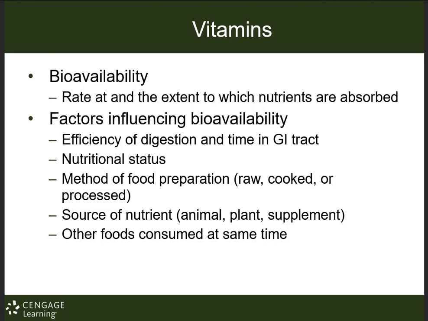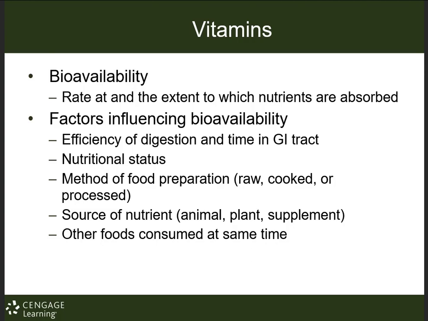Sometimes foods that we eat at the same time can affect the absorption of other foods or other vitamins. So for example, if we eat a plant source of iron, something like dark leafy greens like spinach, those have a lot of iron in them, but we don't absorb the iron from plant sources as well as from animal sources. So something that we can do is eat a food that has vitamin C in it, and the vitamin C can help absorb the iron better from the plant source.